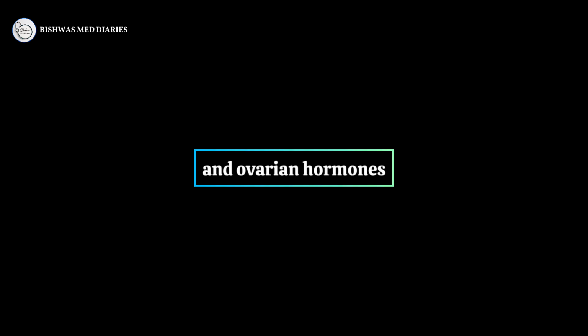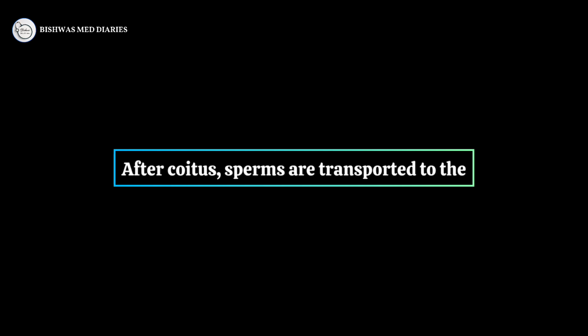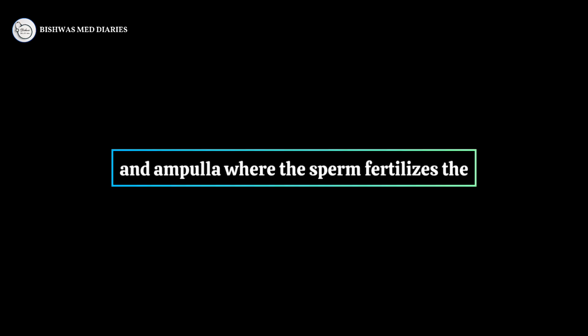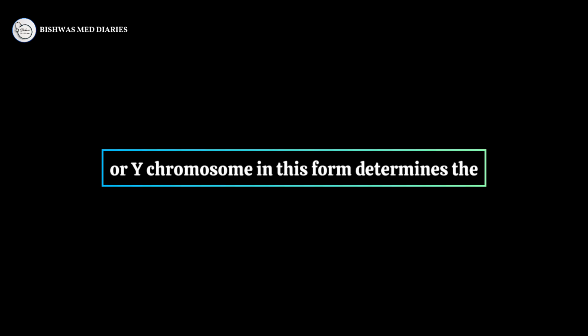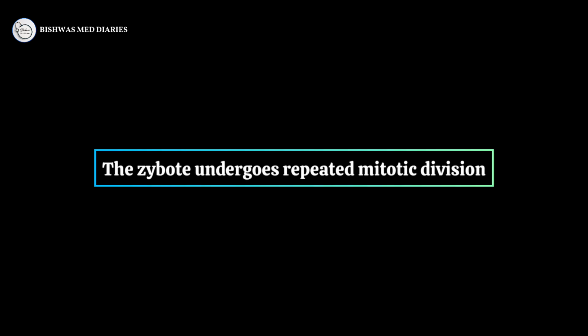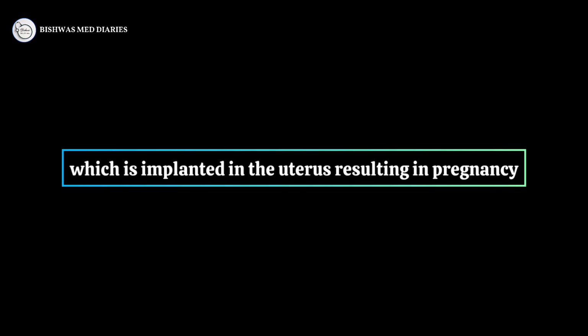After coitus, sperms are transported to the junction of the isthmus and ampulla, where the sperm fertilizes the ovum, leading to formation of a diploid zygote. The presence of X or Y chromosome in the sperm determines the sex of the embryo. The zygote undergoes repeated mitotic division to form a blastocyst, which is implanted in the uterus, resulting in pregnancy.